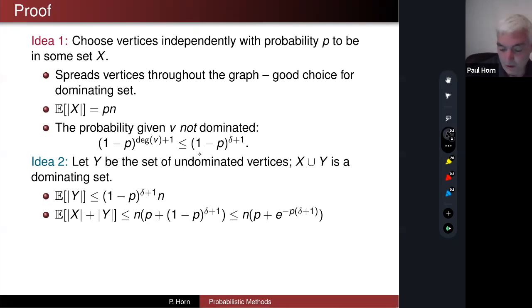So I start with this set X that I just picked at random, and then Y is going to be everything that I missed in the first round. I'm not even going to worry about trying to do it efficiently. I'm just going to take everything I missed and stuff it into my set. So hopefully it makes sense that this amalgamation, X union Y, is a dominating set.